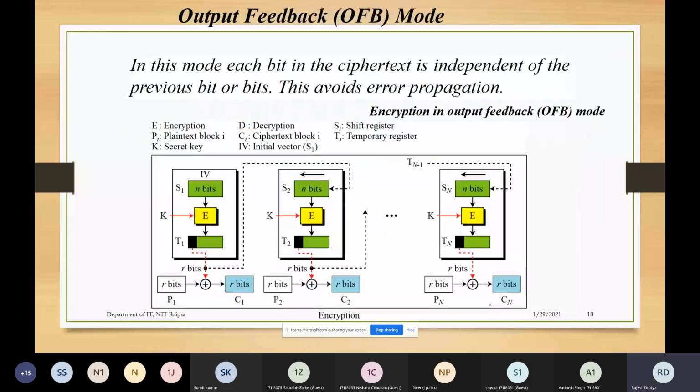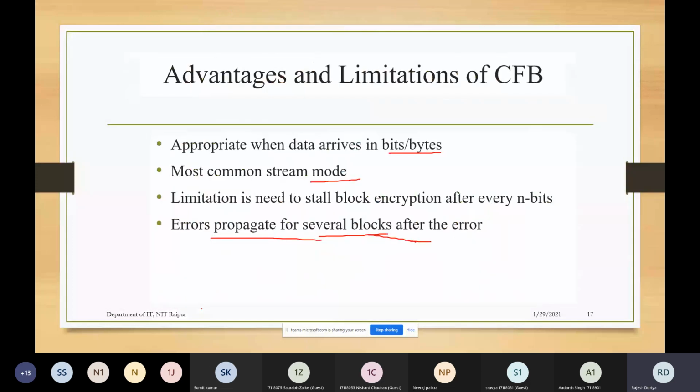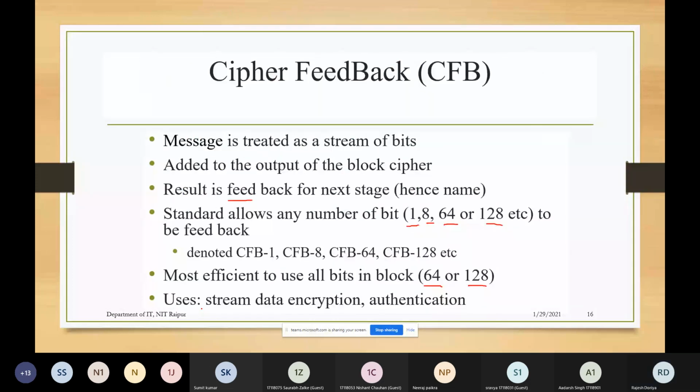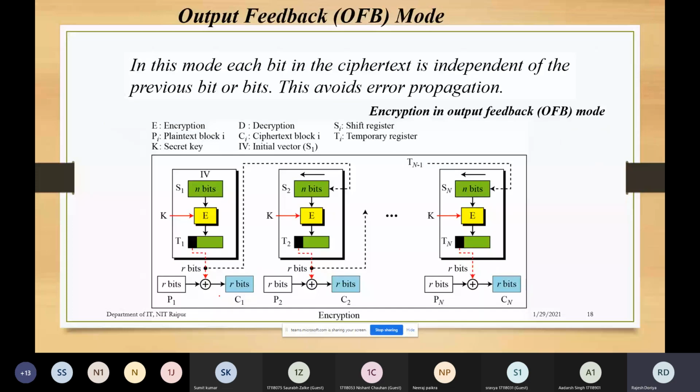Now, there is another mode called output feedback mode, and this is very similar to the cipher feedback mode, except that this time, rather than providing feedback directly from the ciphertext, we provide the output of this block as feedback.